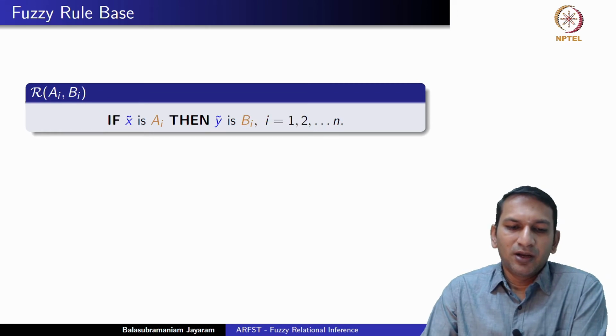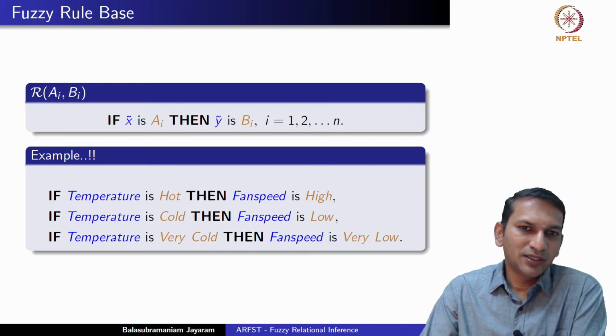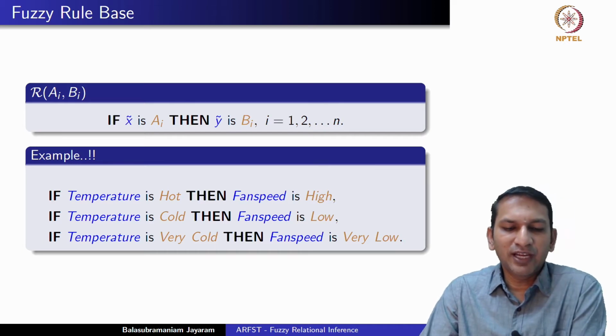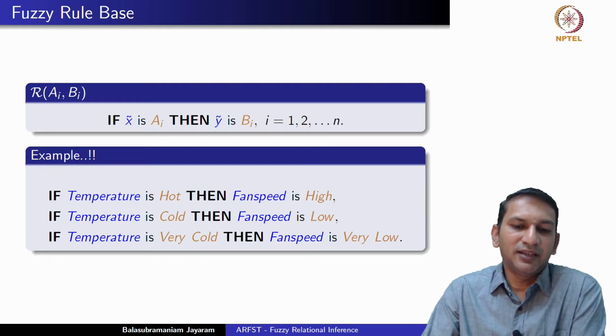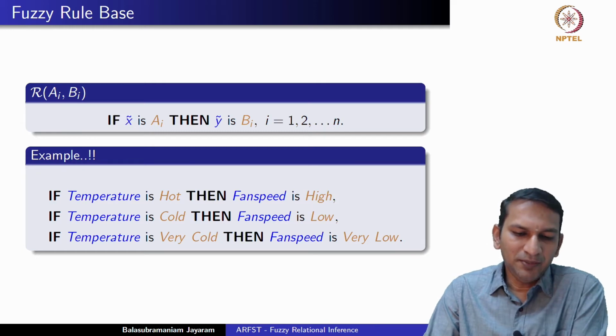Well, just a single rule is not sufficient to capture the entire knowledge about the system. So we need multiple such rules. This is one example of a set of rules you could have if you are trying to, for example, automatically control an air conditioner. Once again, temperature and fan speed are linguistic variables.